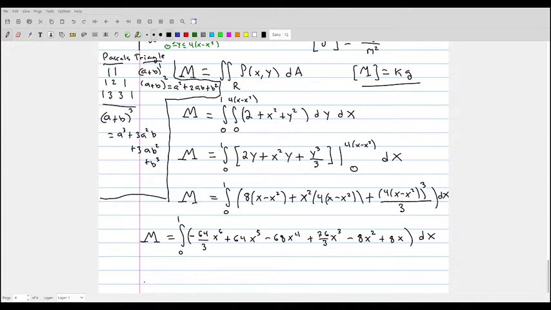And the antiderivative of this is very straightforward to get, because we can just go term by term.